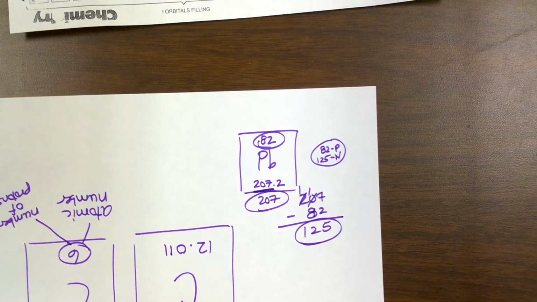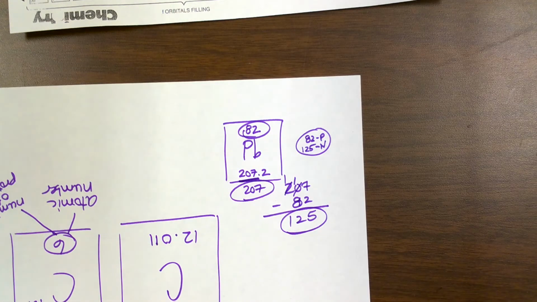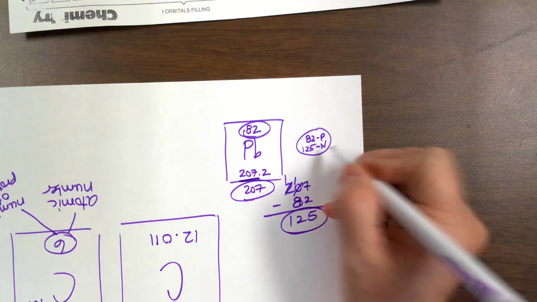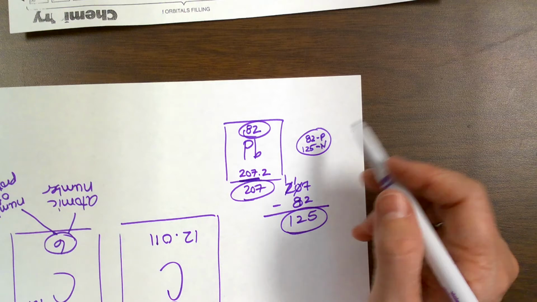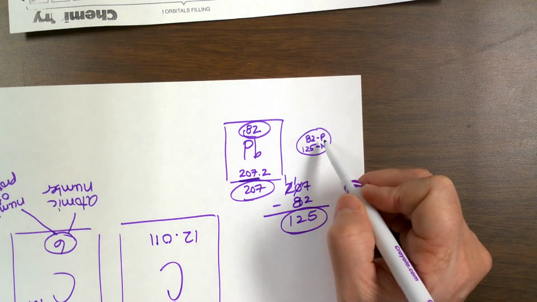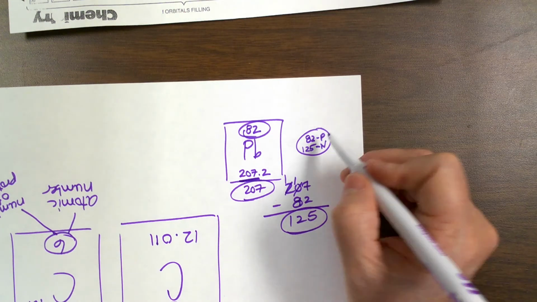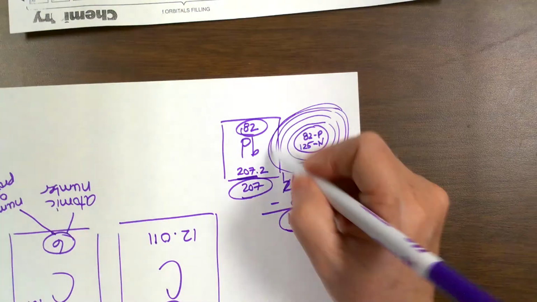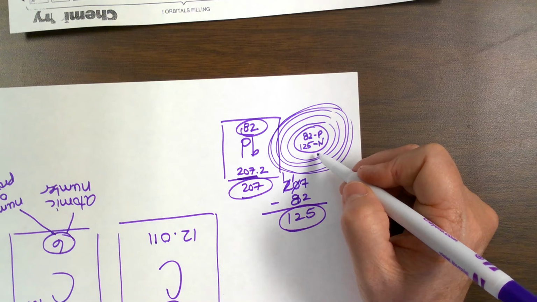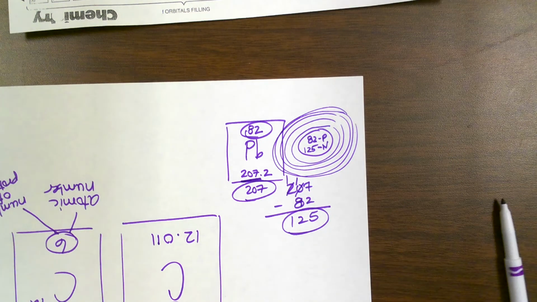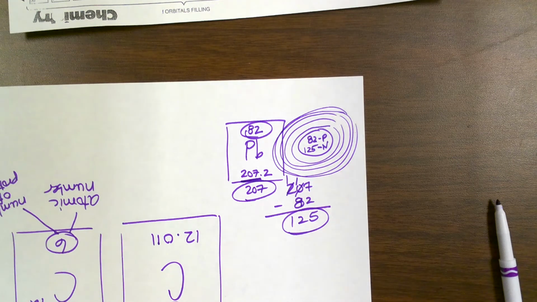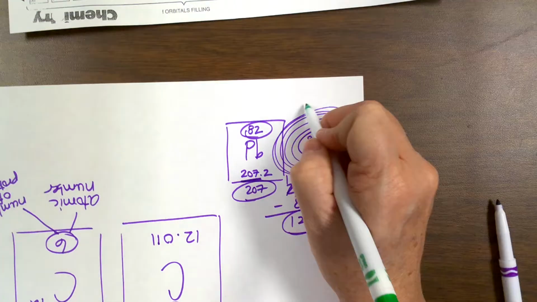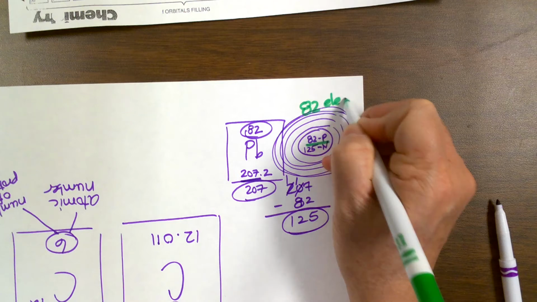Now, that doesn't change the charge in the nucleus of that lead atom, because neutrons are neutral. It just makes it very heavy. And so with 82 protons, it has a charge of plus 82, which holds all these electrons close to its nucleus. And the cool thing is you can always determine how many electrons there are based on protons. Because if there's 82 protons, there are going to be 82 electrons.